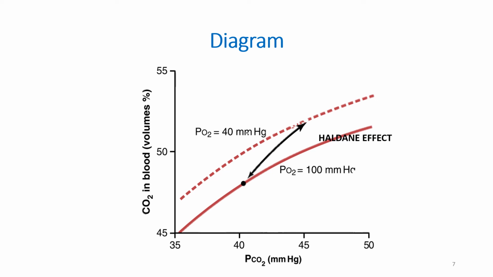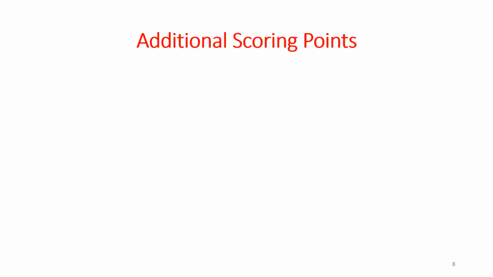Now for additional scoring points, you can also write about the mechanism of the Haldane effect. It is similar to carbon dioxide transport. If you understand carbon dioxide transport properly, you will be able to understand the mechanism of the Haldane effect.